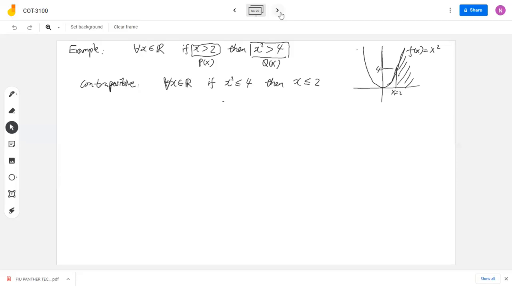Because the original one is true, the contrapositive is also true. The second one is the converse.